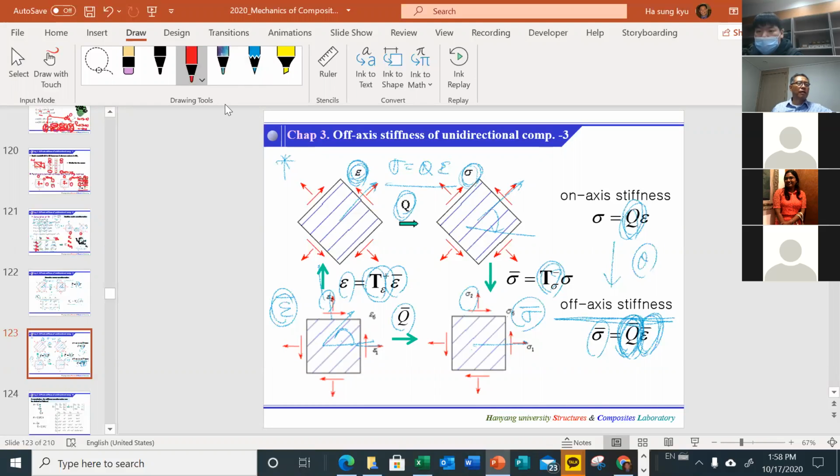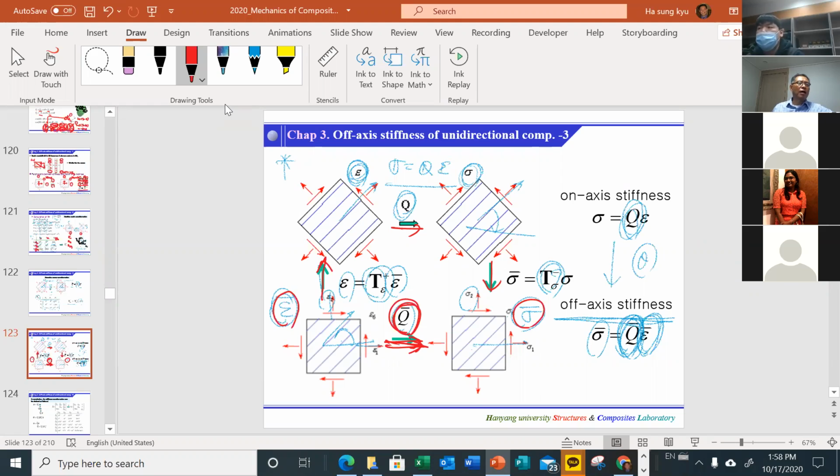Now, again, what we would like to do is to derive this one this way. We multiply this and Q bar, and we will have a sigma bar. But to derive this Q bar, first we need to go this way and that way and go that way, and that will be the same as the Q bar.